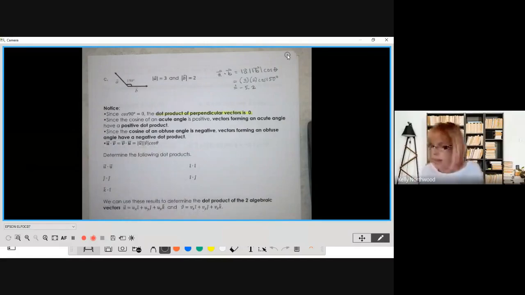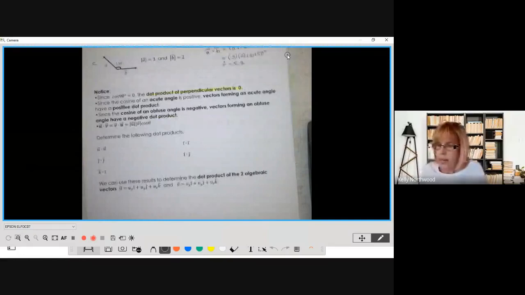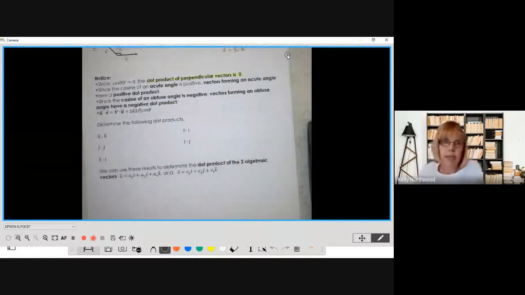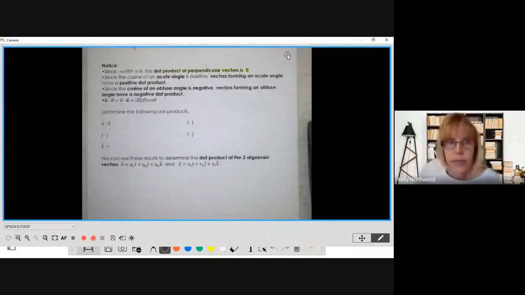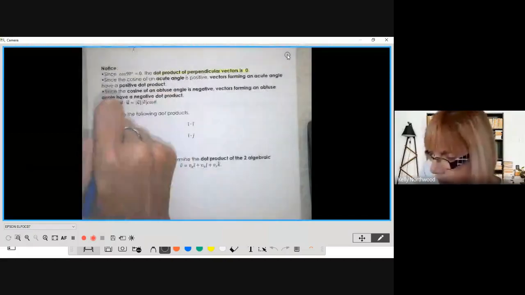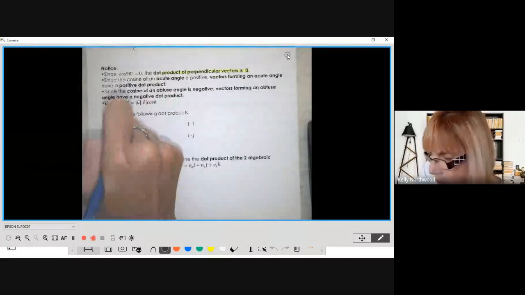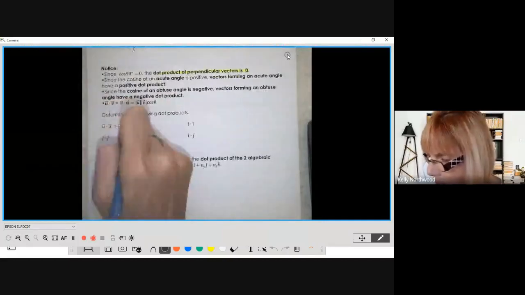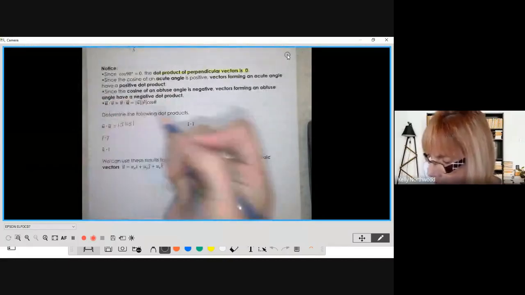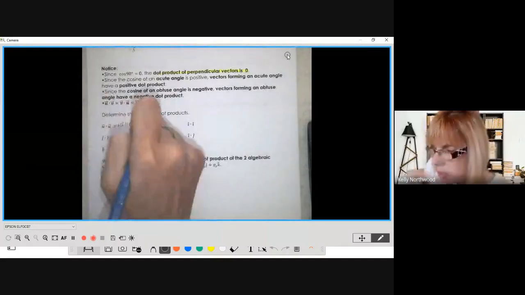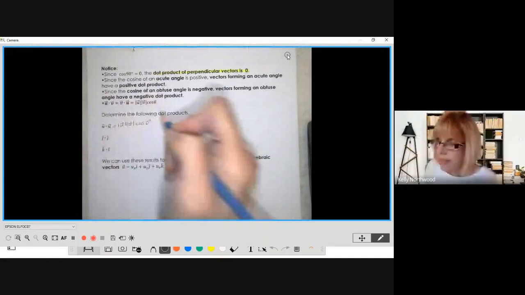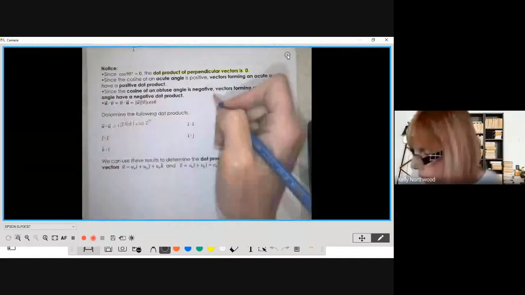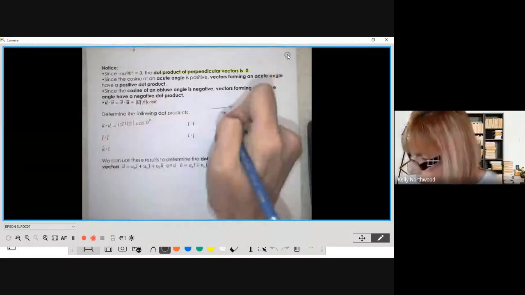All right, so we're going to find some useful dot products, or things that would be nice to know. If you dot a vector with itself, you're going to get the magnitude of the vector times itself, but the angle between two vectors that are exactly the same is 0 degrees. Because basically you've got vector u here, and then vector u is right over top of it as well.